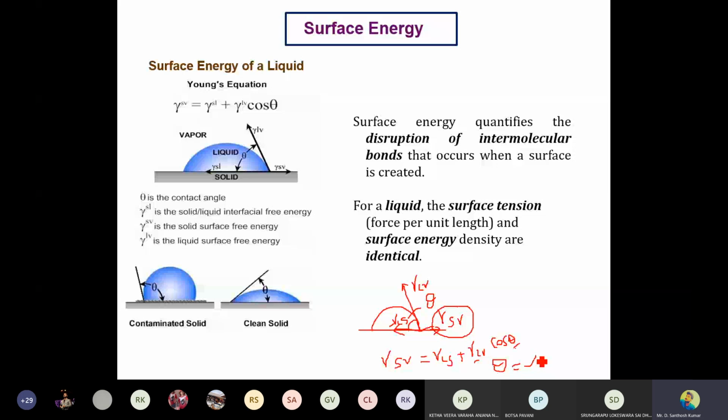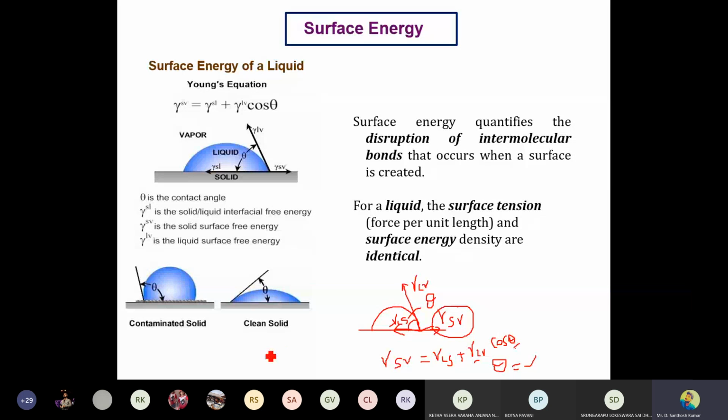But once you get a theta, what do you understand from it? Here you can see this is theta and this is also theta. If theta is less, then the liquid can easily spread over the surface. If theta is more, you are not getting spread over the surface.